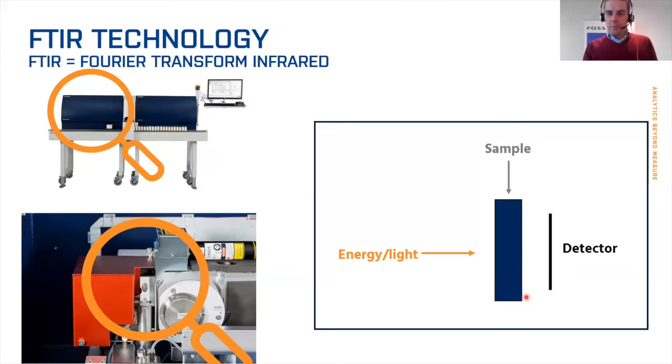The milk sample would pass the energy source here in a very thin stream, and then all the molecules in the sample are activated by the energy source. They start swinging, and we are measuring how they are swinging.